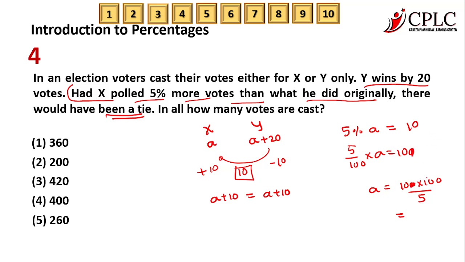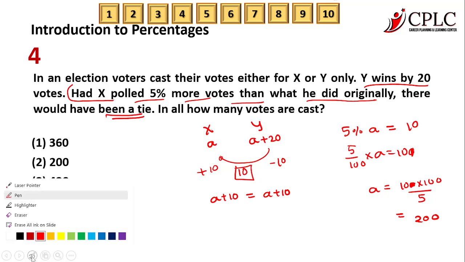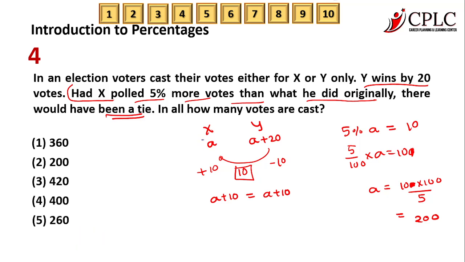My bad. 10 is equal to 10, not 100. So 5% is 5 by 100 into A is equal to 10. And then you solve this, this gives you 200, I think, as the number. So what that means is that A originally got 200 votes and X got 220 votes.